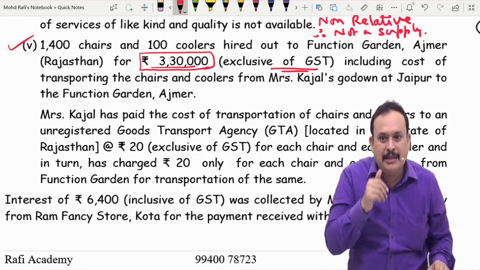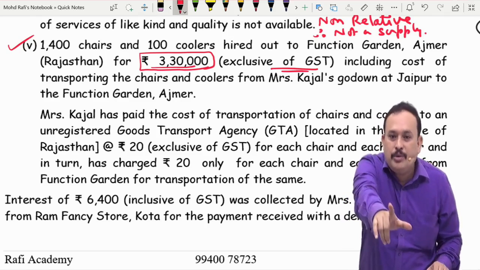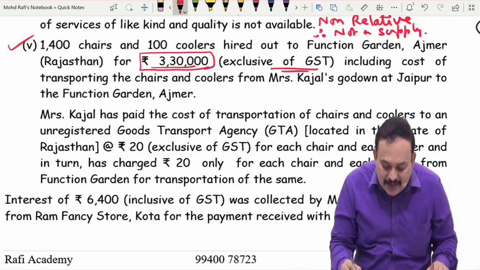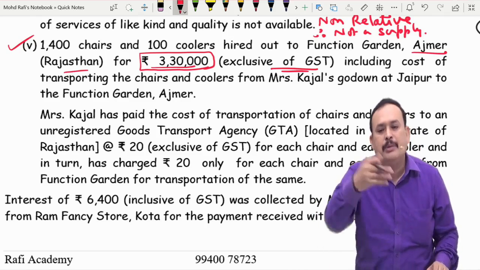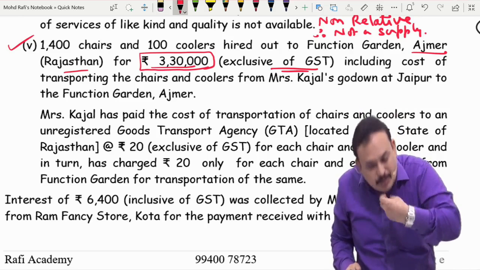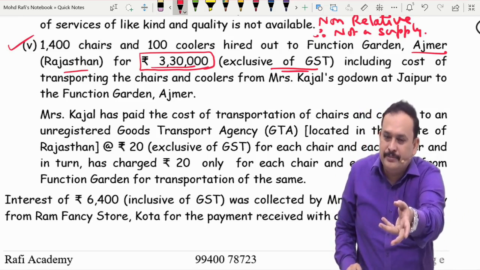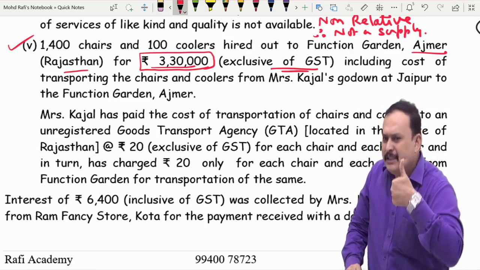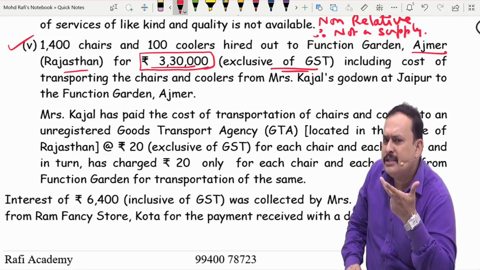So I will say, sir, where is your place? Function garden hall. Okay, fine. Where, sir? Ajmer only, Rajasthan. Fine, I will supply, don't worry. Kajal said, I will supply to your place. It is in the ordinary course of business, bundled with each other. So, composite supply. Principal supply, hiring out of chairs or GTA service.